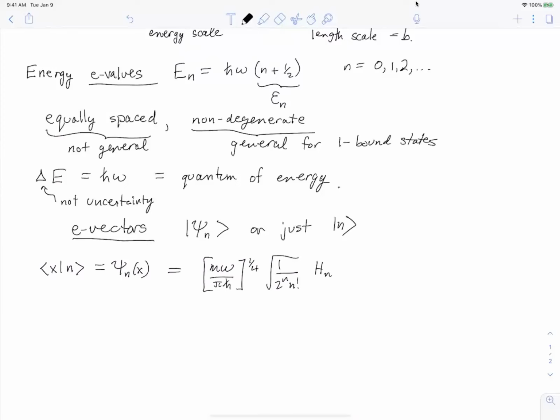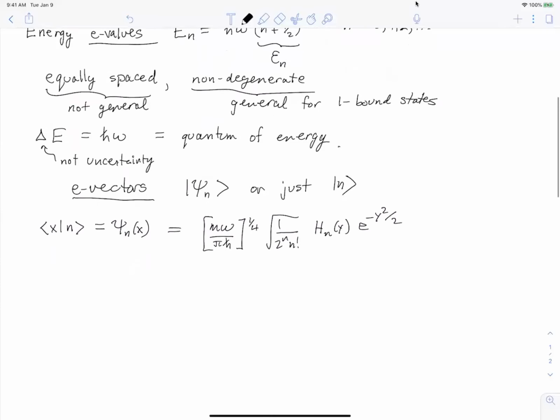And then the nth Hermite polynomial, and then a factor that makes the wave functions go to 0 at infinity instead of blowing up at infinity. So these were the Hermite polynomials, which you can look up in tables up to, or on computer up to very high n.